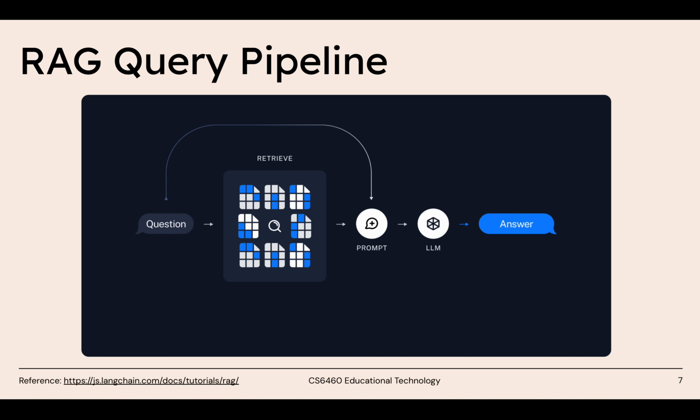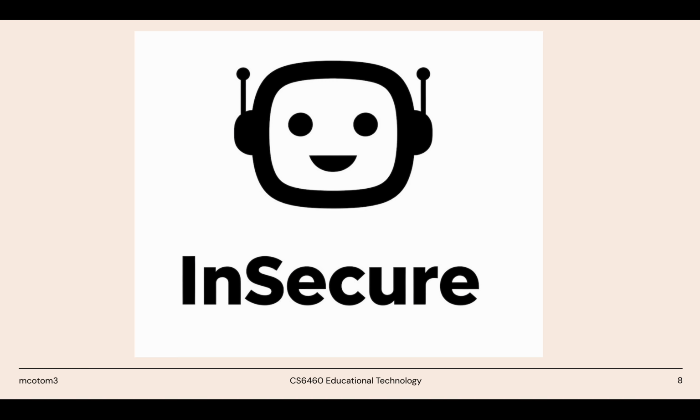Once relevant information is pulled from the corpus, or large body of documents pulled from the OWASP top 10, the user query and the prompt are combined into an enriched contextualized message that is sent to the large language model. And then the large language model will use its internal knowledge plus the enriched user prompt to provide a relevant response to the user. Let's go on to a demo of the Insecure Coding Assistant.